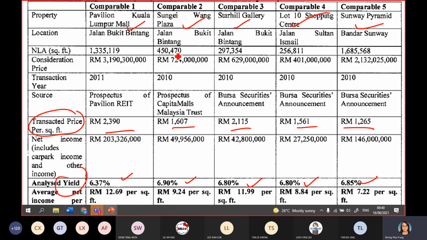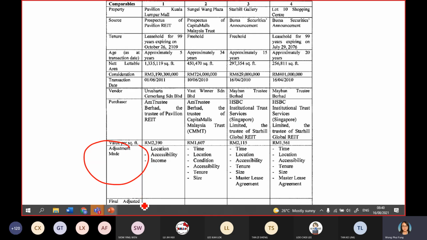So that's why when you do all these comparisons, the best way is you need to make some adjustment. The adjustment can be due to location, can be due to time, can be due to accessibility and the size. So from that, you can see that this is the original value.